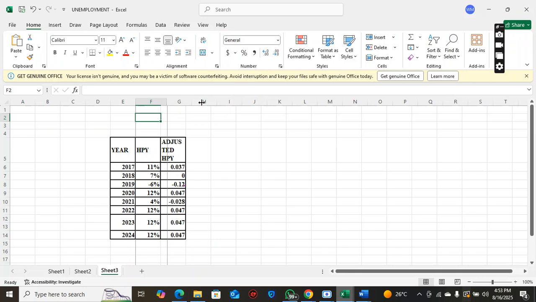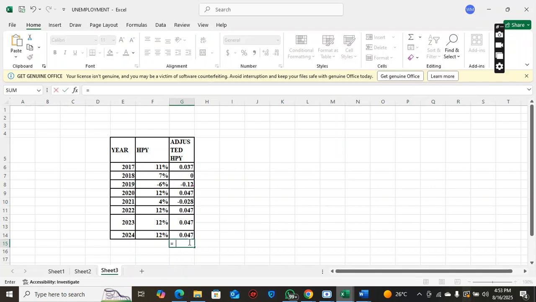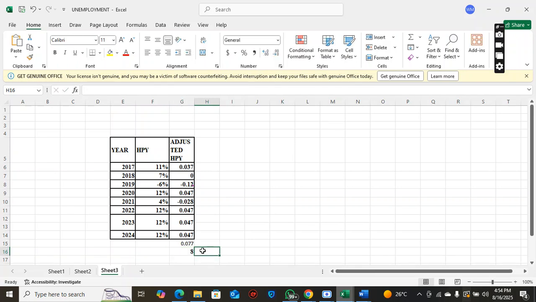So we get the average first. Just add all these numbers, 0.07. And how many years do we have? 1, 2, 3, 4, 5, 6, 7, 8. 8 years. So divided by 8.